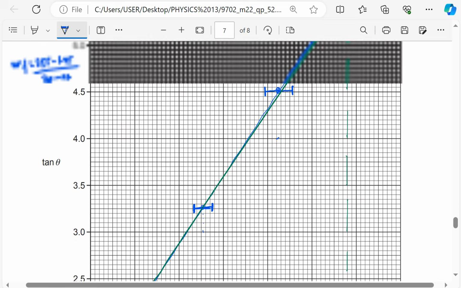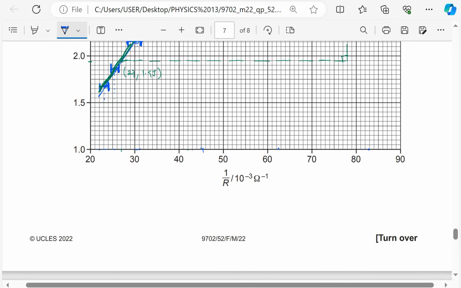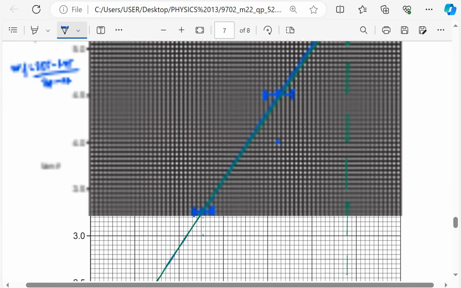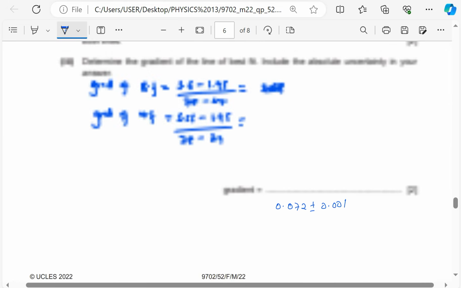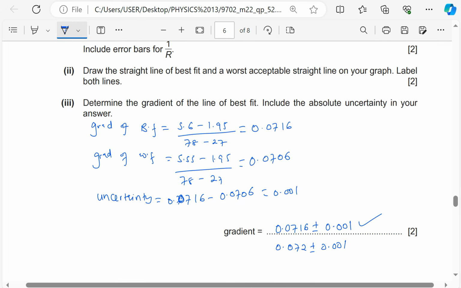Did I add the powers of 10? Sorry. I must add here in the denominator times 10 to the power of minus 3 times 10 to the power of minus 3. So this becomes times 10 to the power of 3 times 10 to the power of 3. This will still become times 10 to the power of 3.